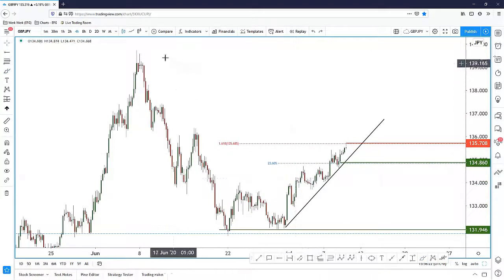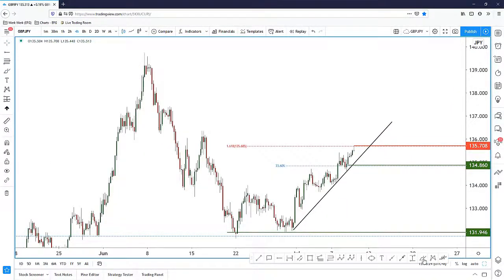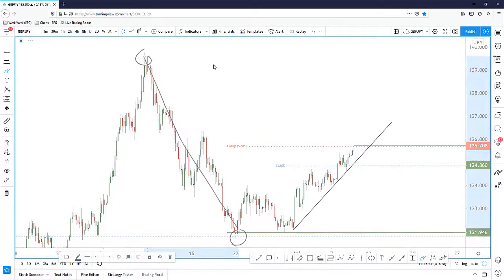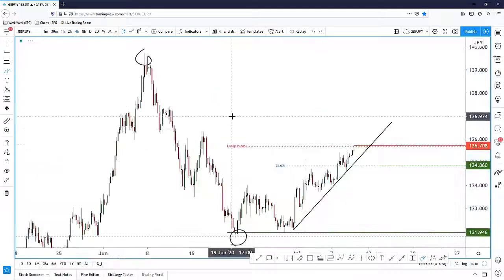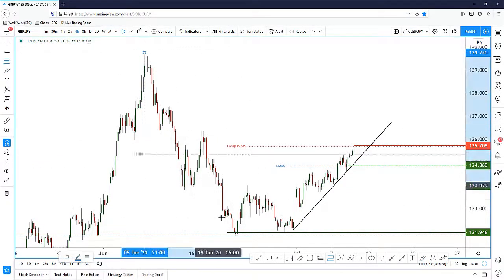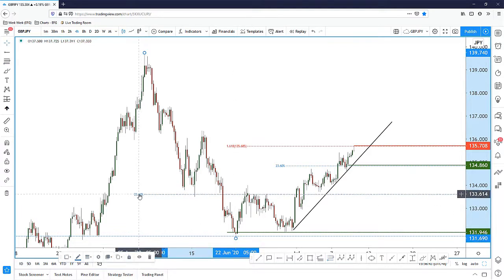And where will I play to? Where would the potential target be? There's a high here and there's a low down here. So this is one leg movement. If we go back to the daily, we see that this is one strong movement down. So we can use a retracement from the high to the low and open all Fibonacci ratios. You see the 23.6 is a nice support turned resistance turned support again.